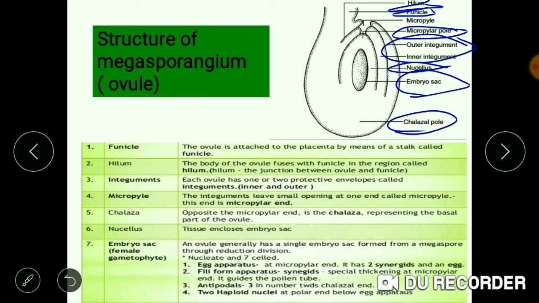Nucellus is that tissue which helps in the development of embryo sac. Embryo sac is the female gametophyte, about which we will be studying later. Chalazal end is that end which lies opposite to the micropylar end.